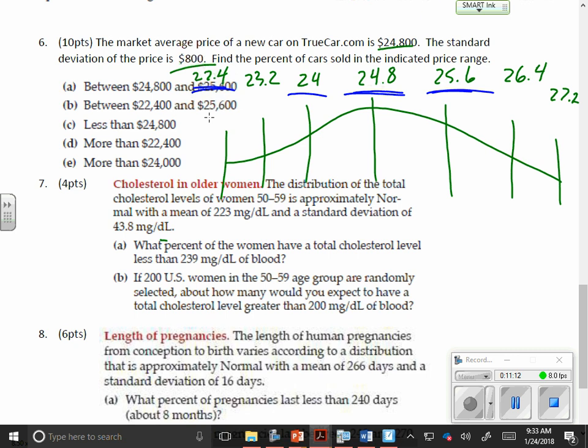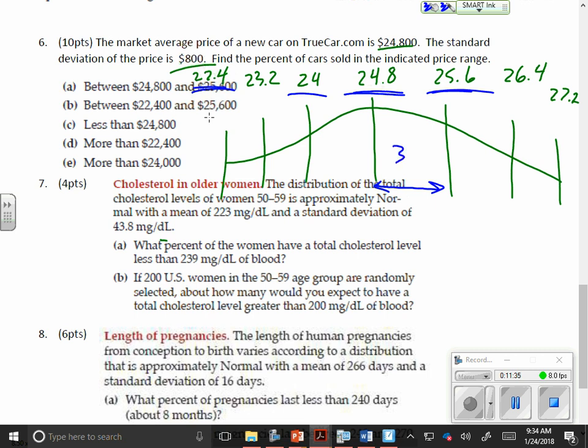So if it wants 24.8 to 25.6, then between those two, what percent is on your paper? 34.